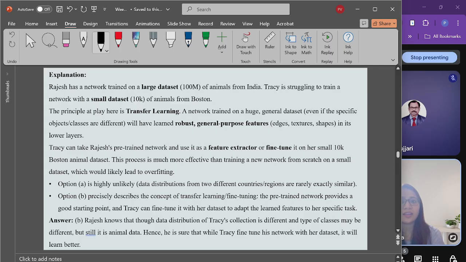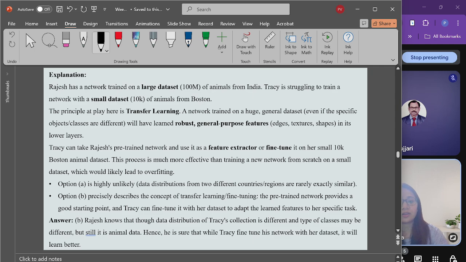So that network is already trained on different types of images and different situations and conditions. So it already knows the basic features, right? Like different edges, textures, and shapes.